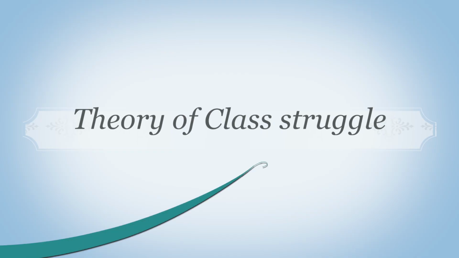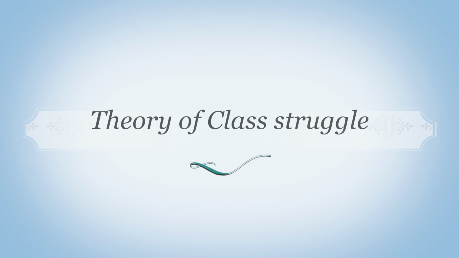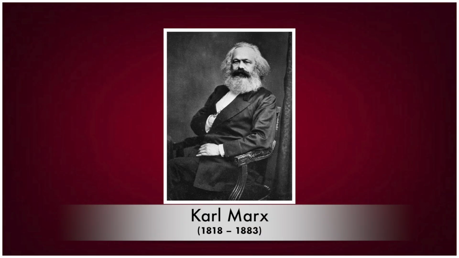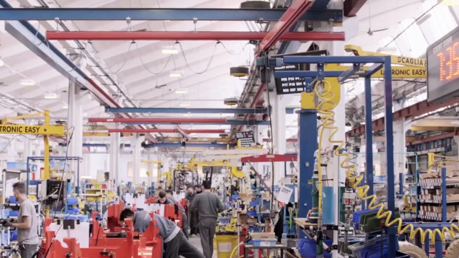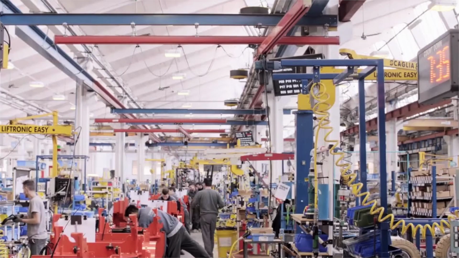Now, we will understand the theory of class struggle from the viewpoint of Karl Marx. In general, Marx wanted the proletarians to revolt against the capitalists and overthrow the capitalist system. In the social production of their existence, men inevitably enter into definite relations which are independent of their will, namely relations of production appropriate to a given stage in the development of their material forces of production.